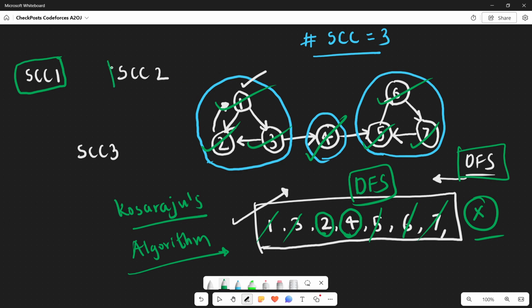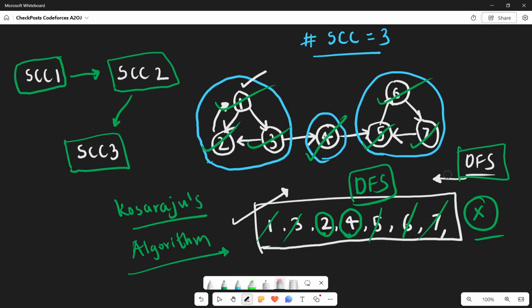So if this is the strongly connected component 2 and this is the strongly connected component 3, suppose these are the edges that exist between these strongly connected components. Wait, I have made a mistake here.